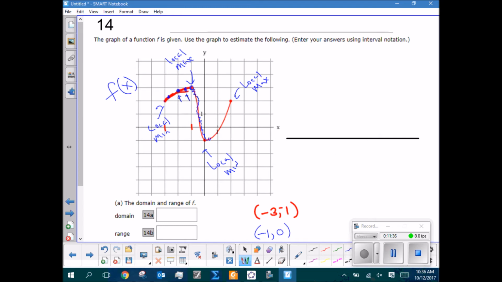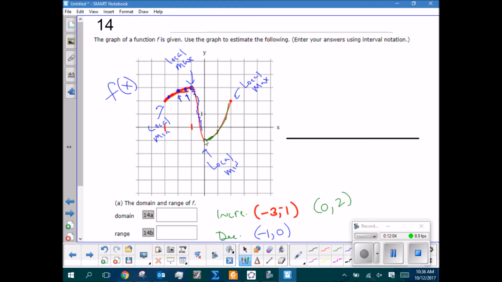Then at that point, at that minimum, we start going back up again. All right, so that's increasing. So that's going to go back up from 0 to an x value of 2. All right, so these were my increasing domain values, and these were my decreasing domain values.